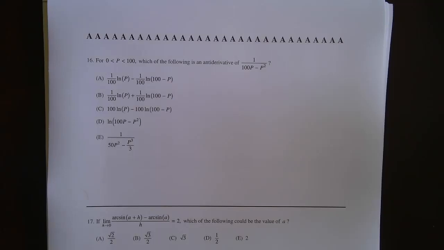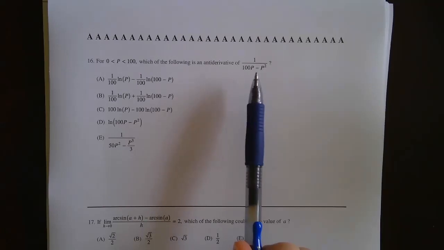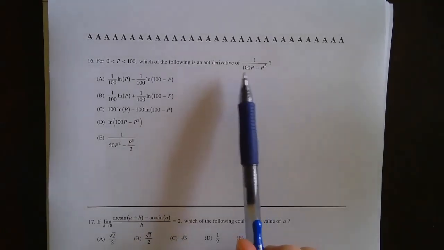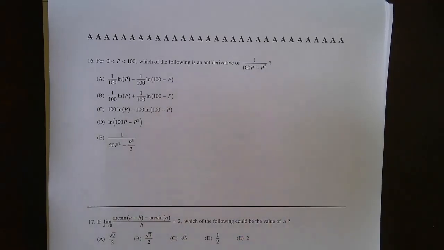So 16, they want to know what the antiderivative of 1 over 100p minus p squared is. You've got to realize that this is a partial fraction decomposition problem, because this can be rewritten as a product, p times 100 minus p.